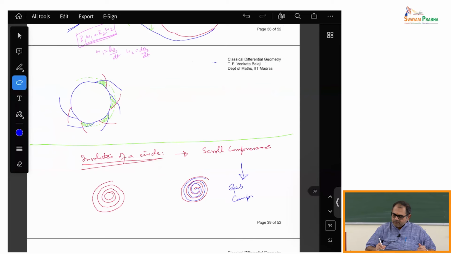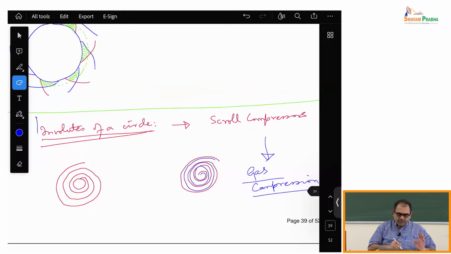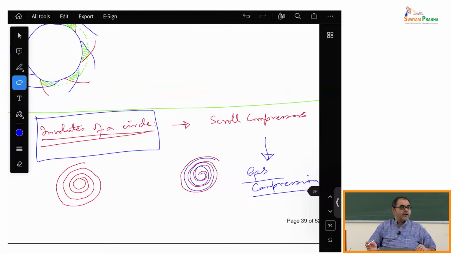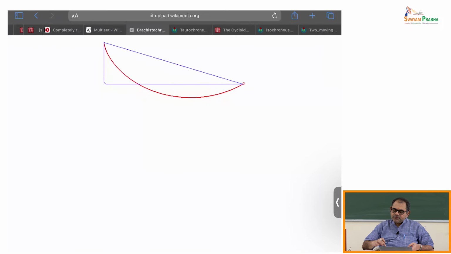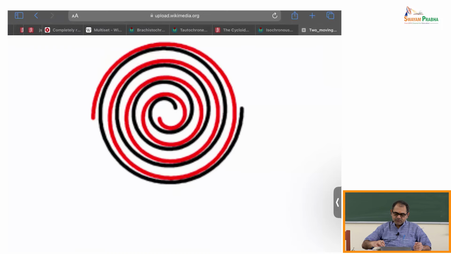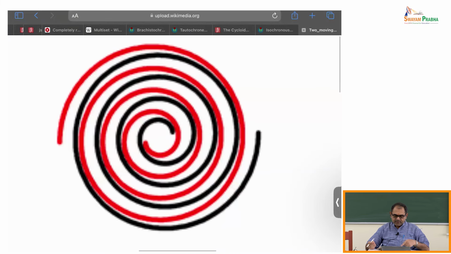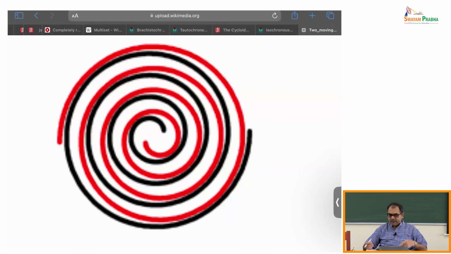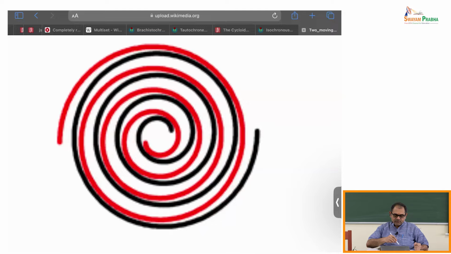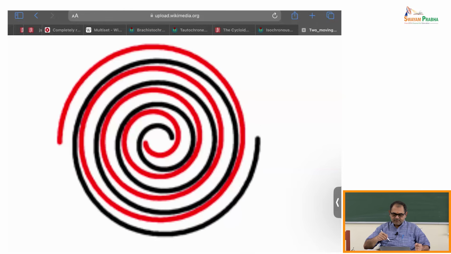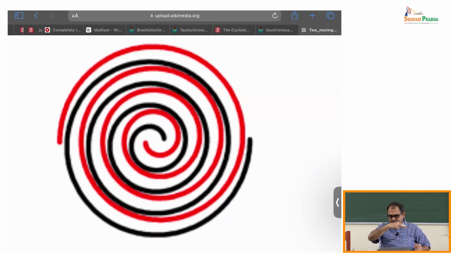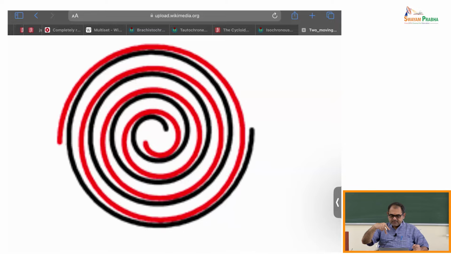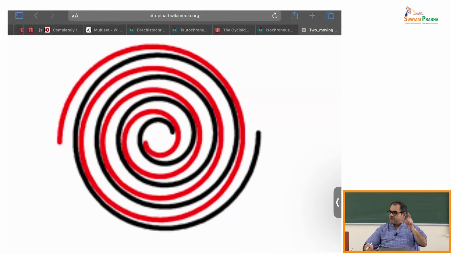And so the important thing is that you are using involutes of a circle, and two of them. I can show you a picture. So here it is. You see, you have the red spiral which is fixed, and then there's a black spiral which is moving around. If you look at it from the outside and start going inside the spiral, you see that the area that is trapped is becoming smaller and smaller.